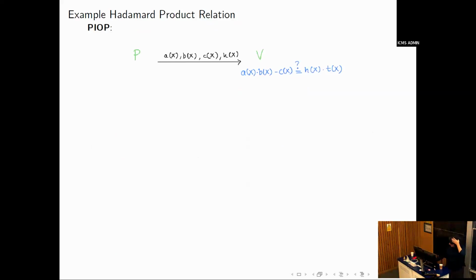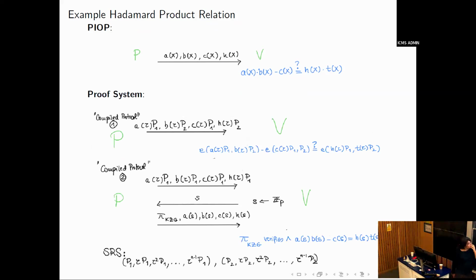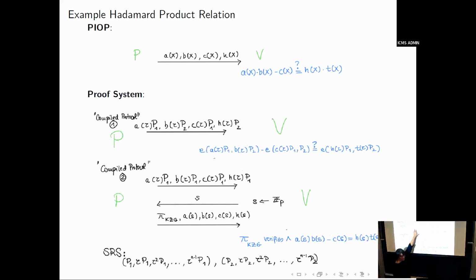This can be checked in two different ways. It can be checked in a completely non-interactive protocol, because in reality you're not sending the polynomials, you're sending the polynomials evaluated at the point, and you can check this with three pairings. Or you can check it in another way, which is the more standard meaning when people say we compile the protocol to a SNARK.